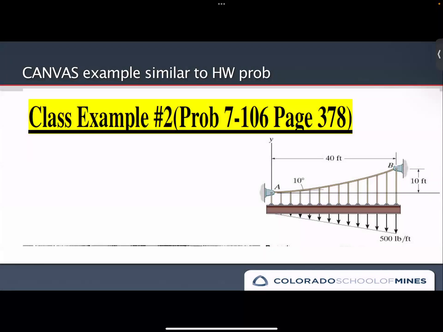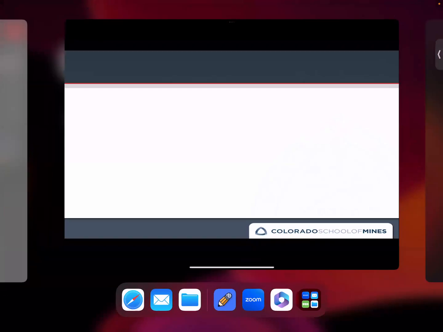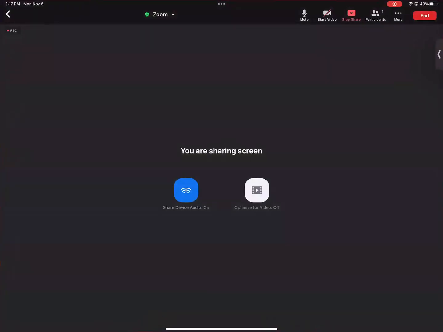And I would recommend looking at this Canvas example under the supplementary example problems. It's very similar. It's just one FBD. So it's not a lot different than what we're going to do today, but take a look at that Canvas example problem number 2 to help you in solving that last problem on cables subject to distributed loads.